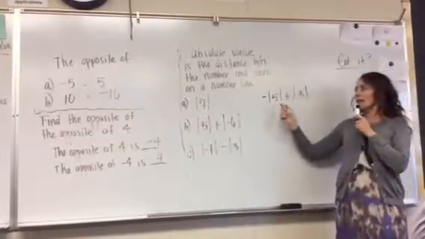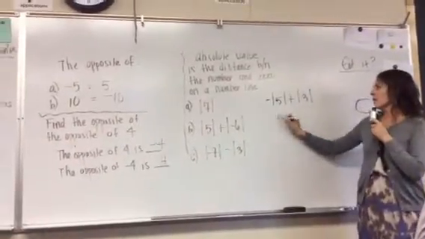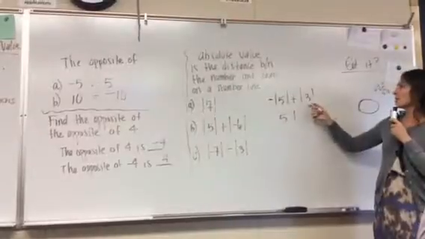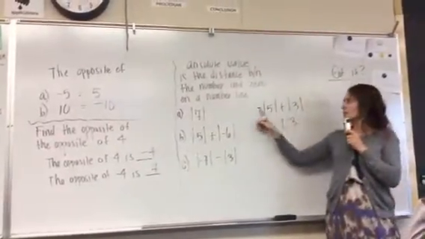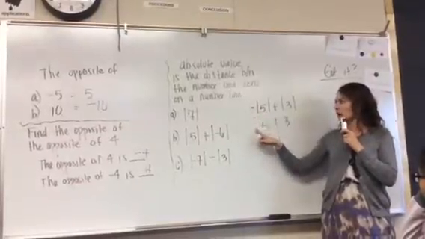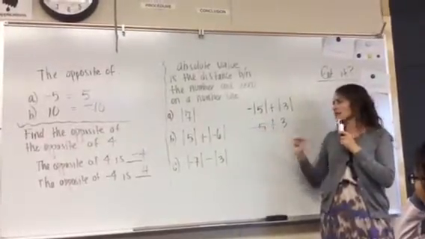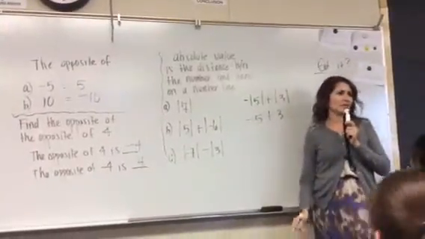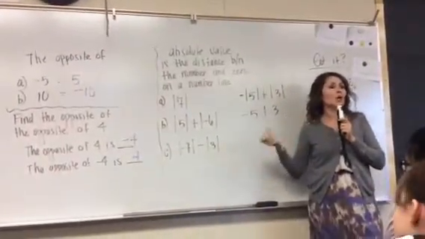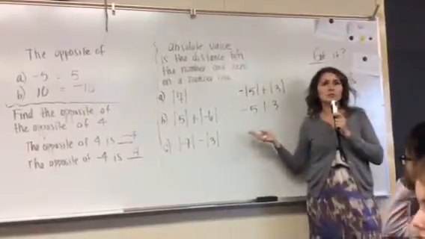You say, what's the absolute value of 5? 5. What's the absolute value of 3? 3. Wait a minute, there's a negative sign. I had to just drop that. That's a negative 5 plus 3, which you will not be doing, but I want you to know that this does happen. You will see this when we do 7th grade math.